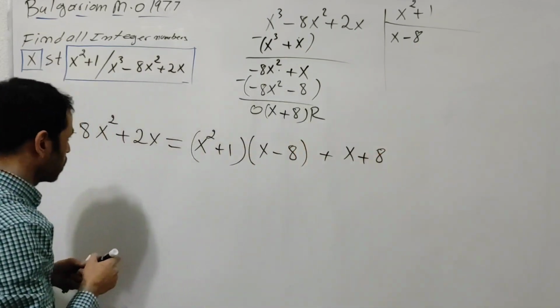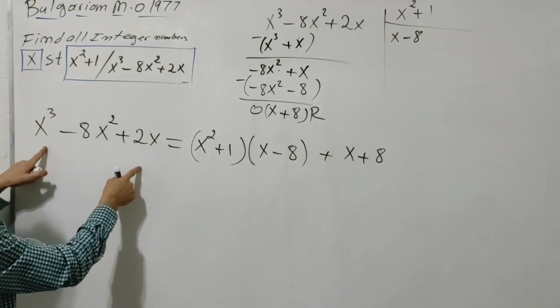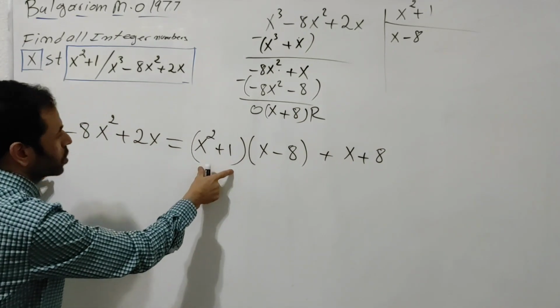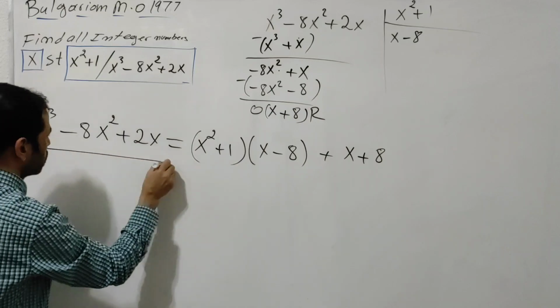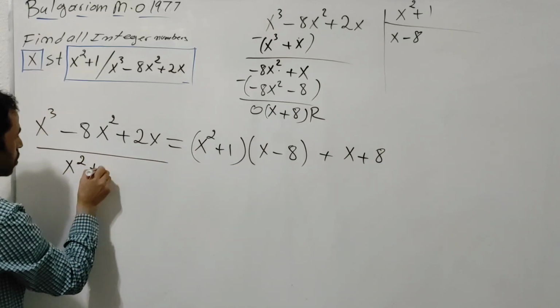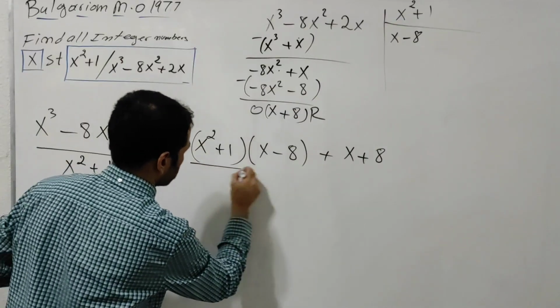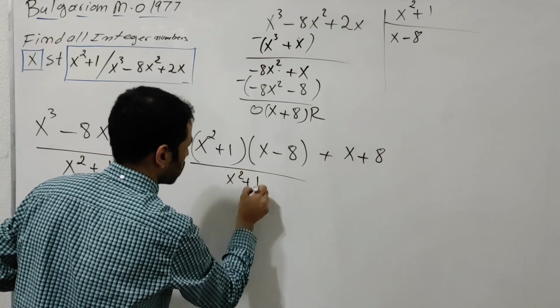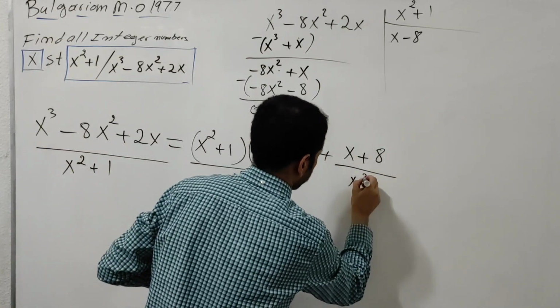Now I'm going to divide both sides by x squared plus 1.